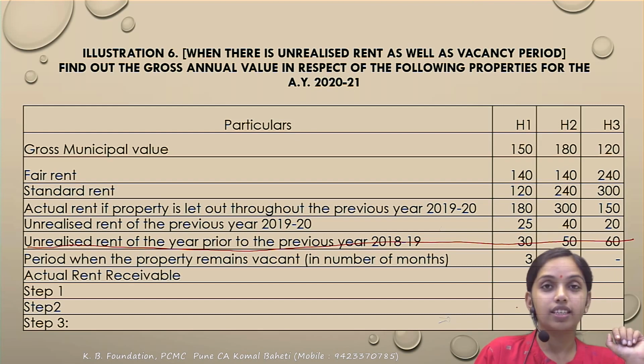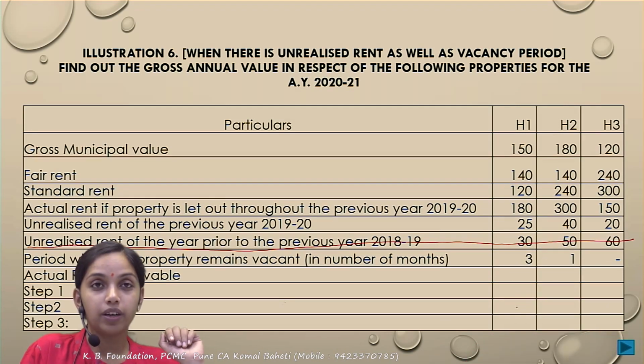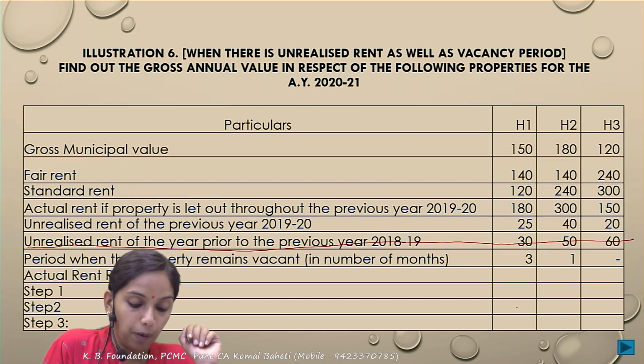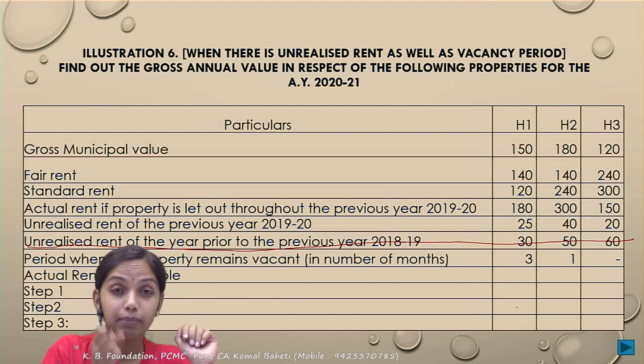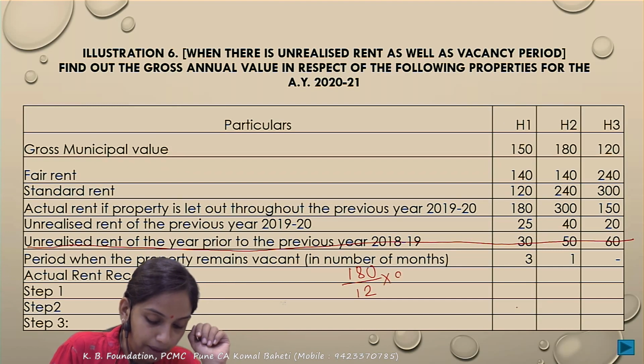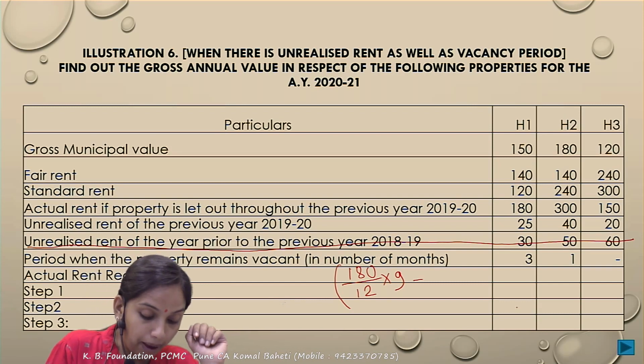So first we need to calculate the actual rent receivable. How to calculate the actual rent receivable? This is the rent if the property is let out throughout the year. Correct. Property is vacant for 3 months over here. So actual rent receivable कैसे निकालेंगे? 180 divided by 12 multiply by 9, you will get actual rent receivable for the period for which the property has been let out, minus unrealized rent of 25, correct?